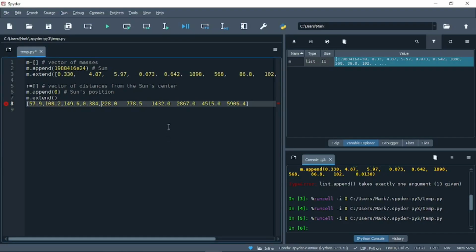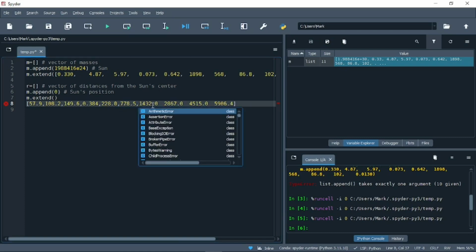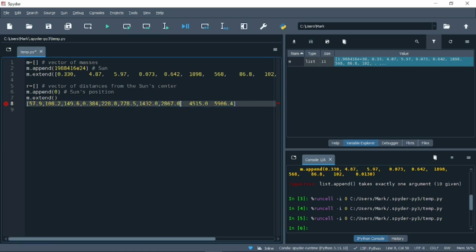Since the mass of the Moon is very small, this is an approximation, but it doesn't affect the final result very much.